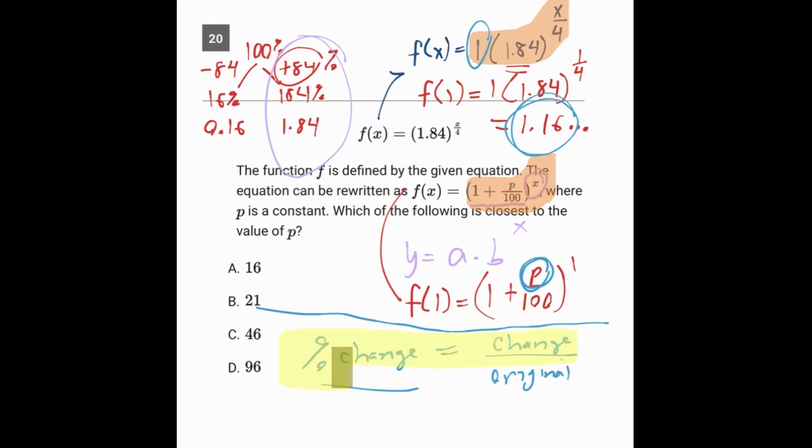Super important formula if you're ever asked by what percent did something change. So for us, this thing changed by 0.16 because it went from 1 to 1.16, and it was originally 1. So the percent change there is 16 over 100, which is 16%, and that's our answer for number 20.